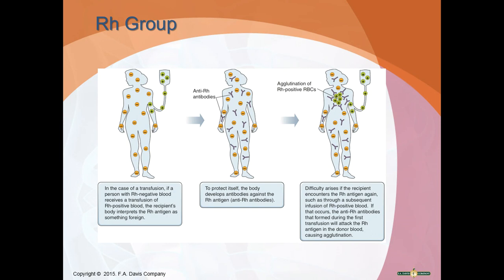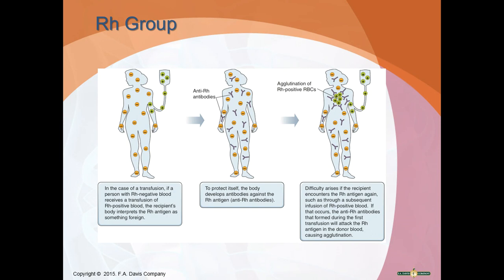Someone with Rh negative blood develops anti-Rh antibodies after being exposed to Rh positive blood, either through a transfusion or when an Rh negative mother becomes pregnant with an Rh positive fetus. If someone with Rh negative blood receives a transfusion of Rh positive blood, the person's body interprets the Rh antigen as something foreign, so the immune response is activated.